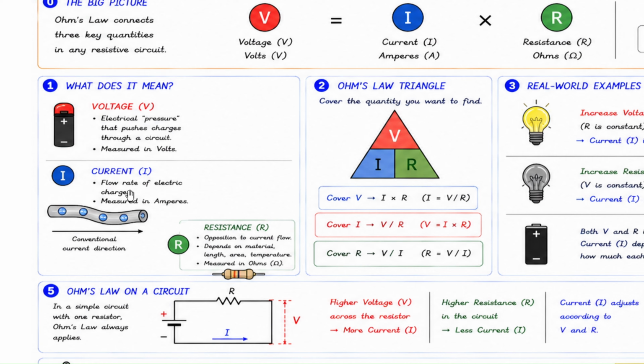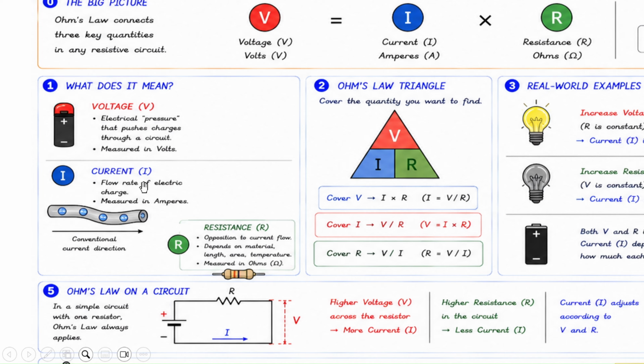Just as if you open the tap all the way, you're going to get a high flow rate of water going through the pipe. So as the voltage increases, the current will also increase proportionally. Next, we have the resistance. This is our third variable in Ohm's law, and it works opposite to the voltage, where it opposes the current flow.